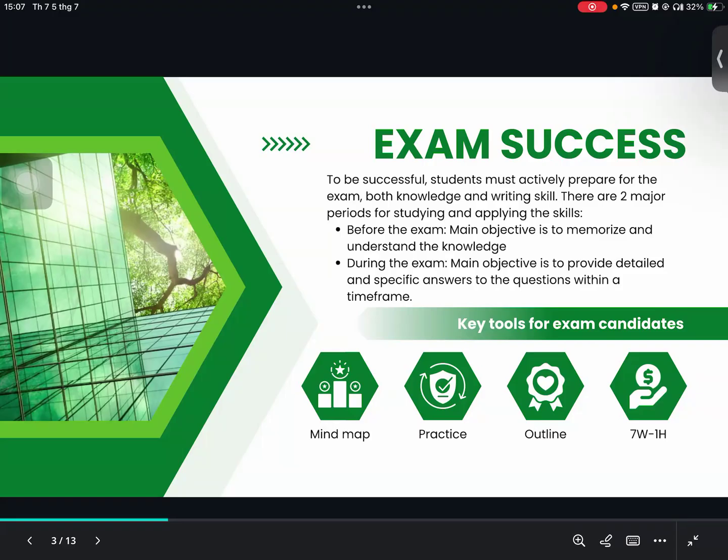But during the exam, your main objective is to provide a specific answer to each question, and it must be done within a time frame. Therefore, under each period, you need to approach in a different way. Now, first, let's look at how we can prepare before the exam, how you can study for the exam.